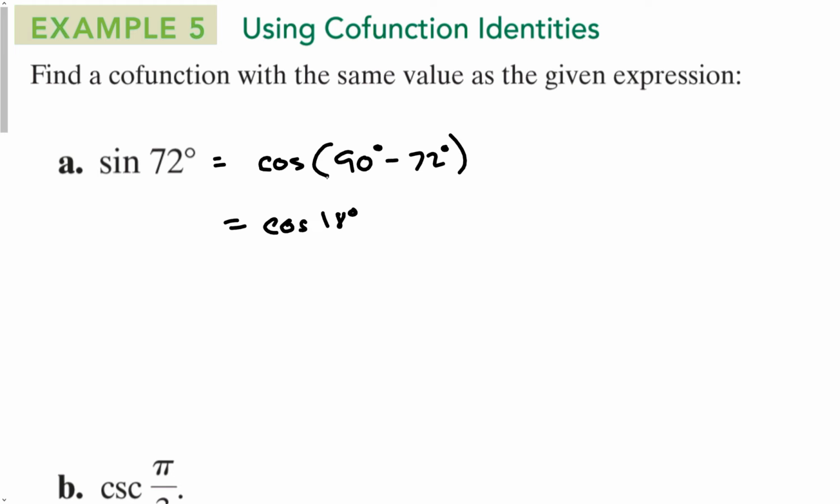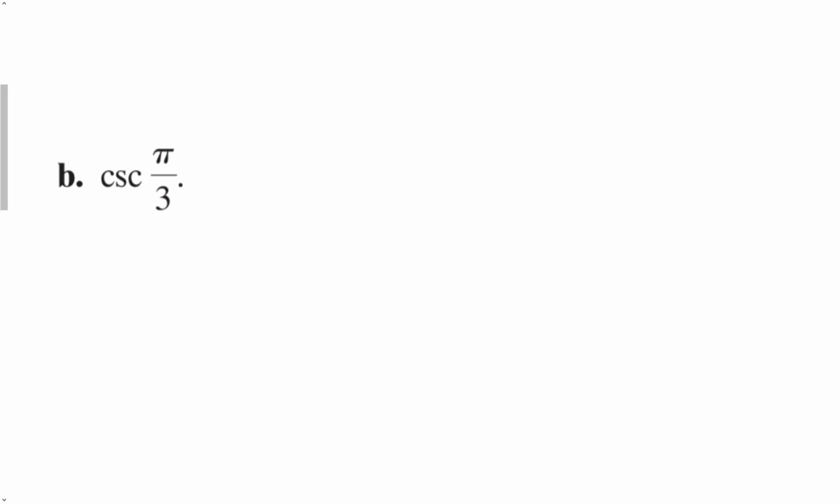Just 90 minus theta, these two things will be the same. Works with radians too. So cosecant is equal to the secant of pi over 2 minus pi over 3. Just don't get lost with a common denominator, and you get pi over 6.